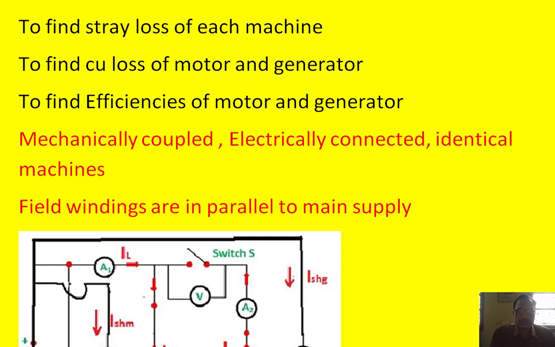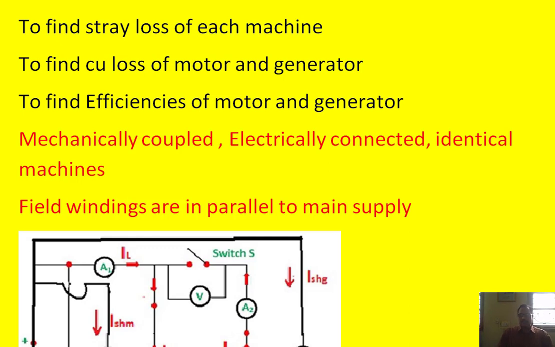So let me summarize once that, so in case of Hopkinson test, we need two identical DC shunt machines, and they have to be mechanically coupled and electrically connected, and one of the machines acts as the motor, whose field current is less, whereas the other machine acts as the generator whose field current is more.